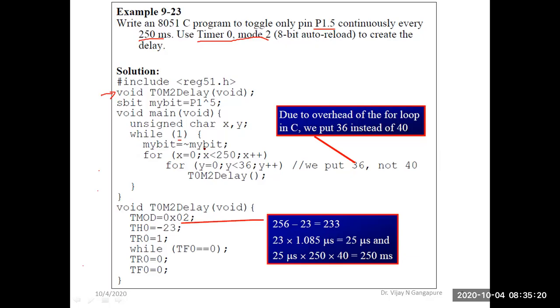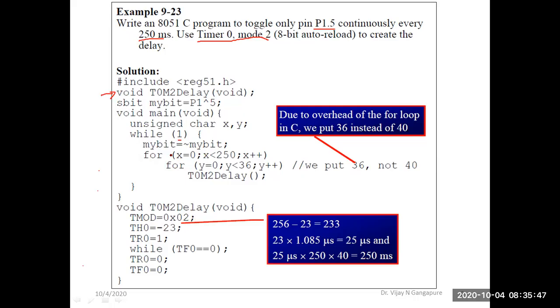So previously if mybit, meaning pin number 5 of port 1, is 0 it will become 1, and that will get assigned to mybit. This is just toggling of pin number 5 of port 1. Previously if it is 0, now it will become 1, and if it is 1, it will become 0.